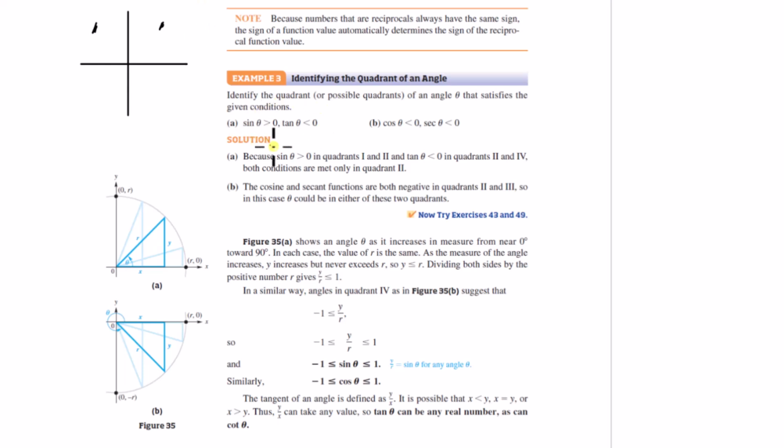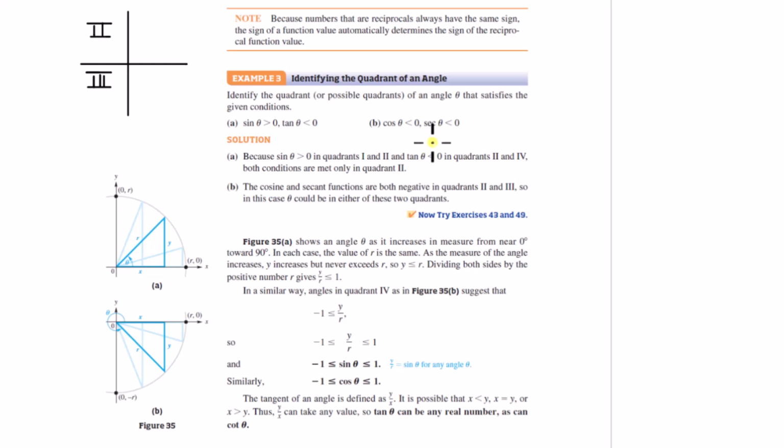Okay, now if tangent theta is negative, but we're restricted to these two quadrants, the only way tangent could be negative is, because tangent is opposite over adjacent, you need the x to be negative, so we're in quadrant 2 then. All right, cosine of theta is negative, so that's adjacent over hypotenuse. Hypotenuse is always positive, so that means the x needs to be negative, so we're in quadrant 2 or quadrant 3. It's the only quadrants where the x is negative.